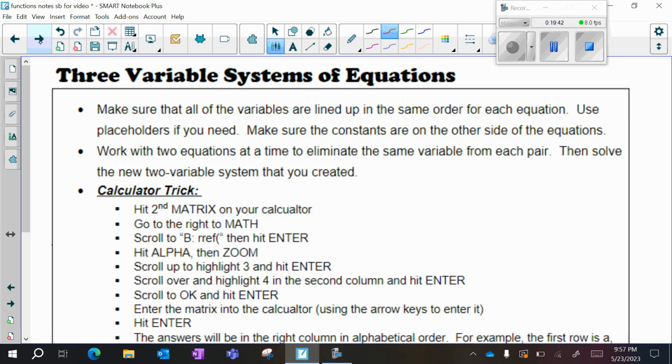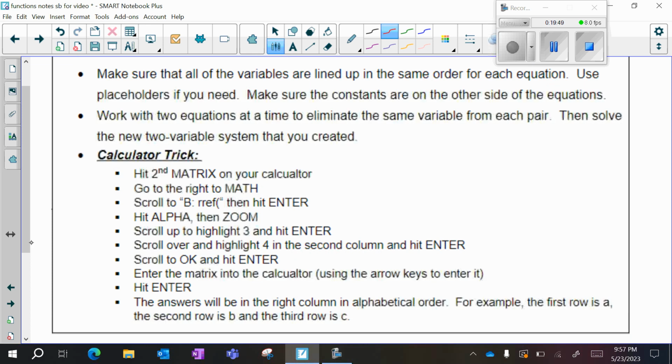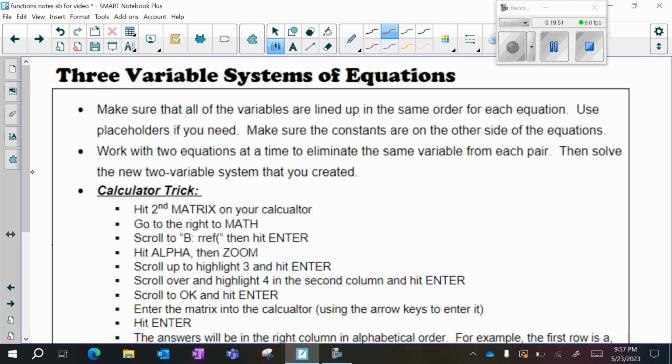A 3-variable system of equations. I'm not going to read through all these steps. You have them to read through on your own. But remember, a system of 3 variables is something like x plus 7y minus 3z equals 5, and there would be 3 other equations. Remember that all of your variables need to be lined up in the same order.